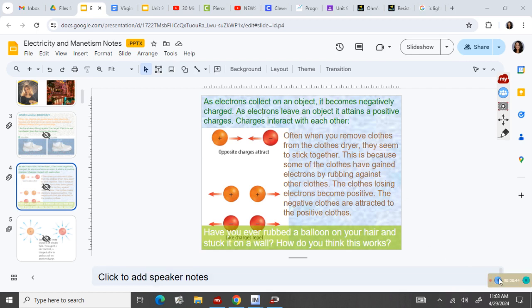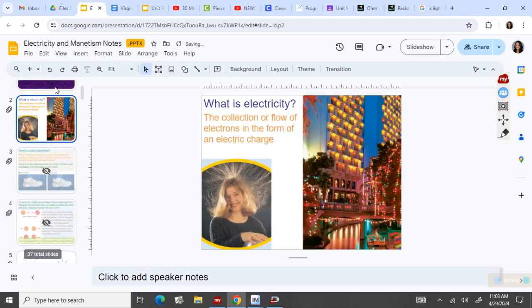So if we were talking about static, making things like clothes out of the dryer stick together, it says some of the clothes have gained electrons by rubbing against other clothes. The clothes losing electrons become positive and they are attracted, sticking together. But in the case of your hair sticking up, what happens is there is a buildup of negative electrons. They repel each other and your hair stands up.